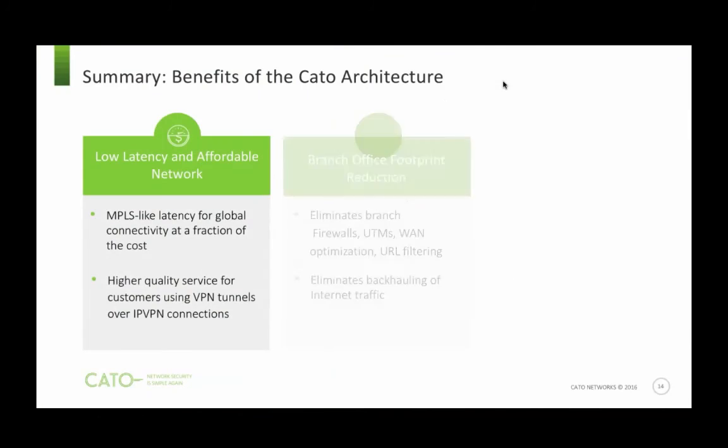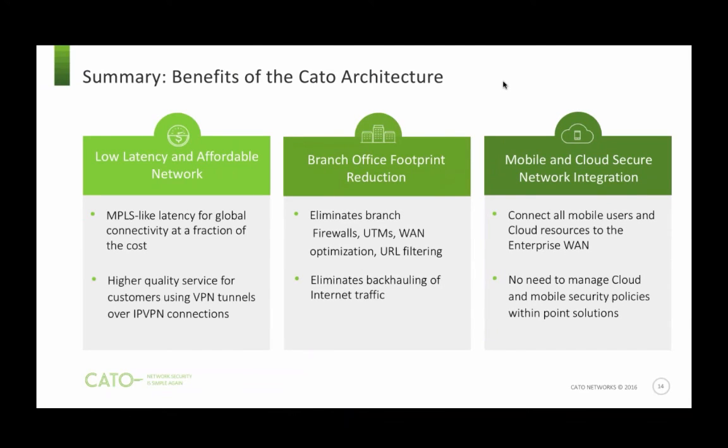I want to close and open this up for questions just by summarizing the three benefits of the architecture that I've outlined. The first thing is the low latency and affordable network. We have low latency internet-based infrastructure because we control the route of the middle mile. That's actually a very important point.